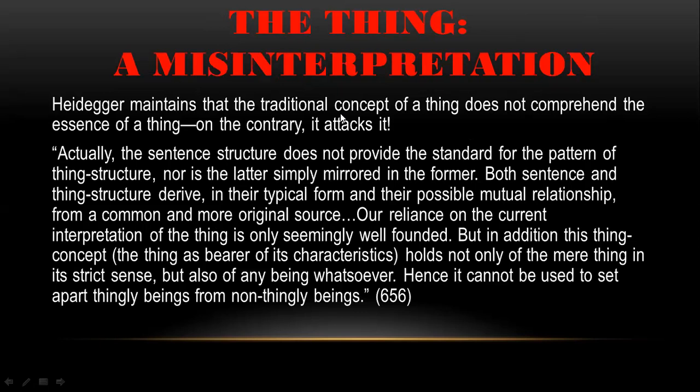Our reliance on the current interpretation of the thing is only seemingly well-founded. But in addition, this thing concept, the thing as bearer of characteristics, holds not only of the mere thing in the strict sense, but also of any being whatsoever. Hence, it cannot be used to set apart thingly beings from non-thingly beings.